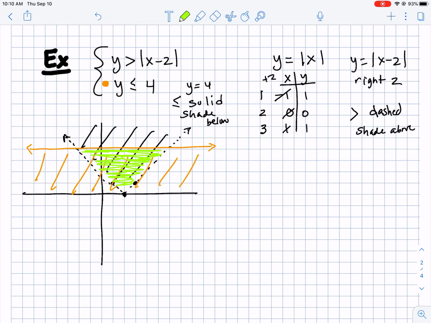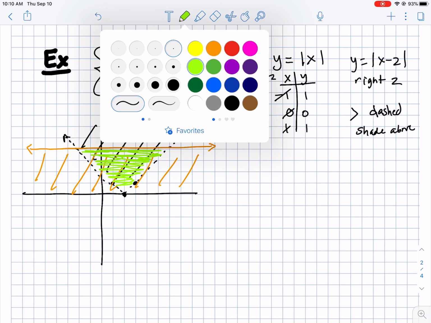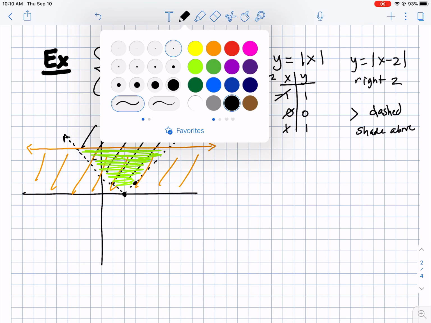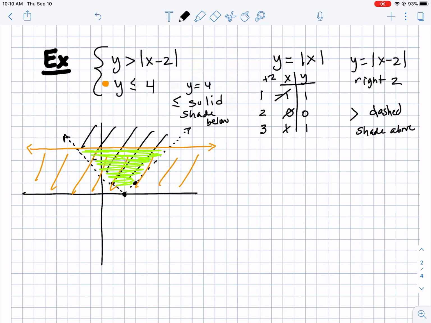So for example, I'm going to test the point (2, 2). And when you test it, you're going to substitute it into each of the inequalities.